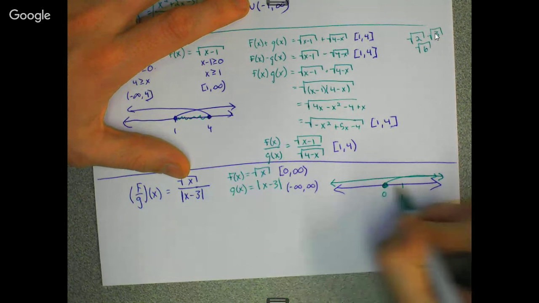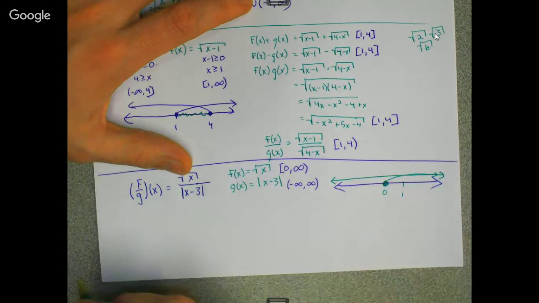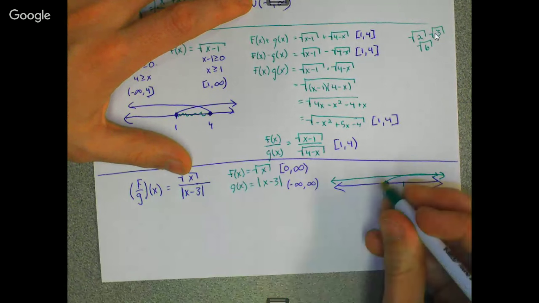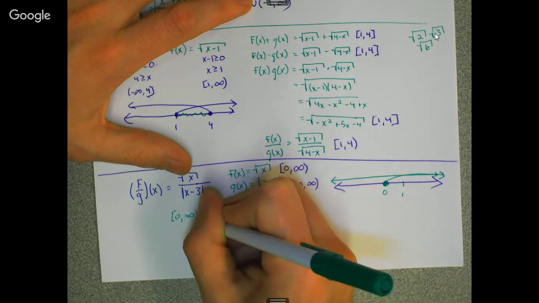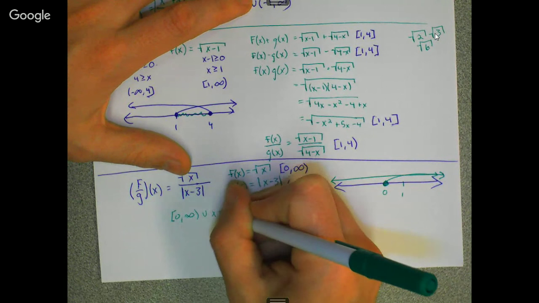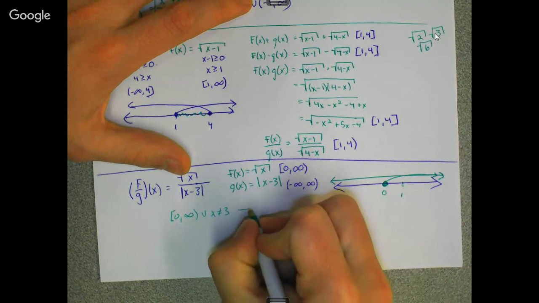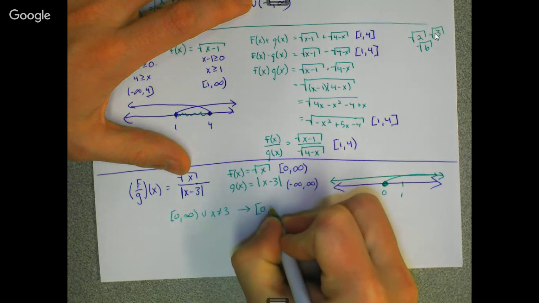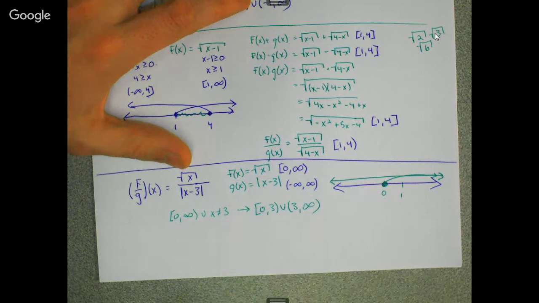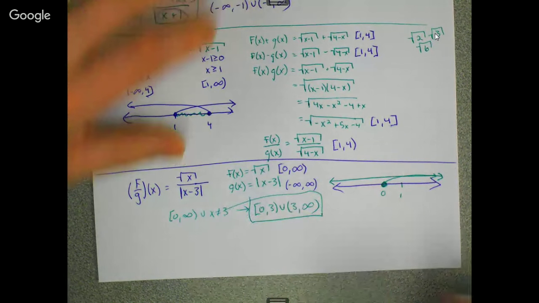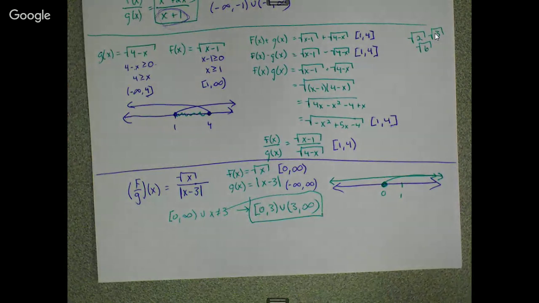Out of 0 to infinity, is there anything that will make that 0? Yes, 3. So I have 0 to infinity union x cannot equal 3. And we'll rewrite that as 0 to 3 union 3 to infinity. And that's our domain. Okay, that's what we want as an answer.